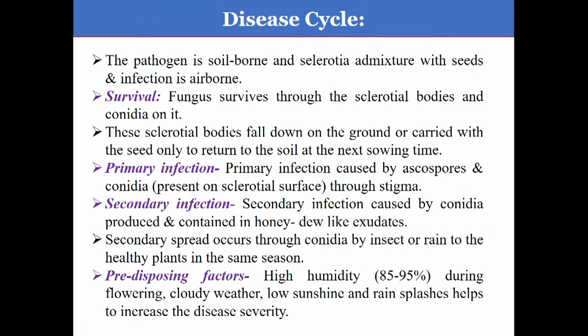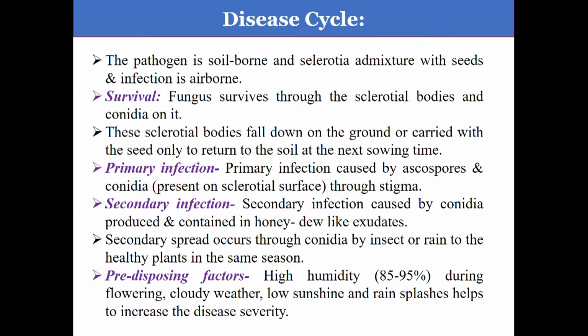And the pathogen is basically soil borne, as well as sclerotia admixed with the seeds, and infection is basically airborne. It means the disease spreads through the soil as well as seed and air also. How does the pathogen survive throughout the year, dear learners?